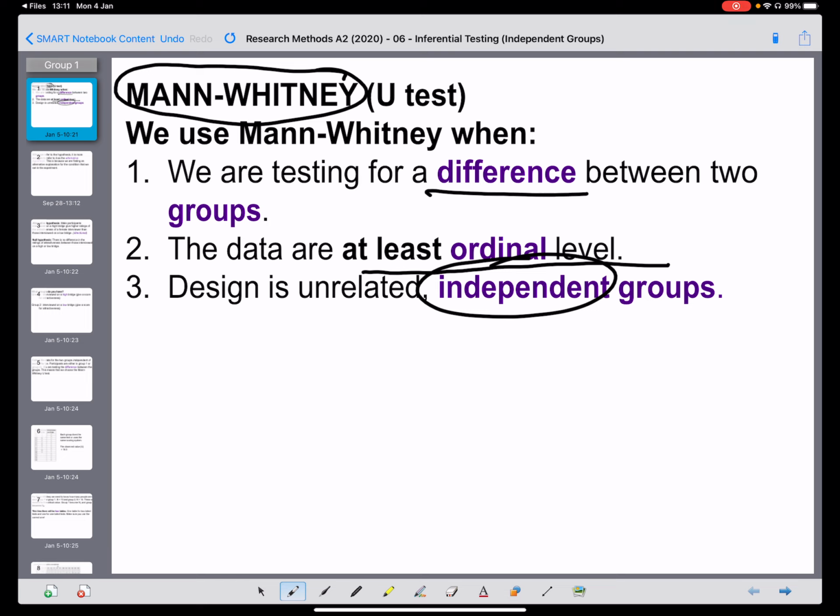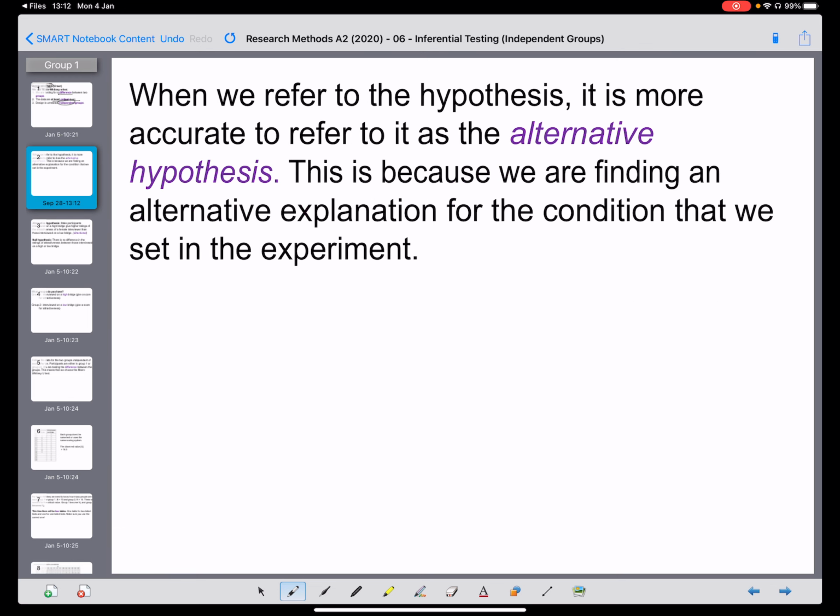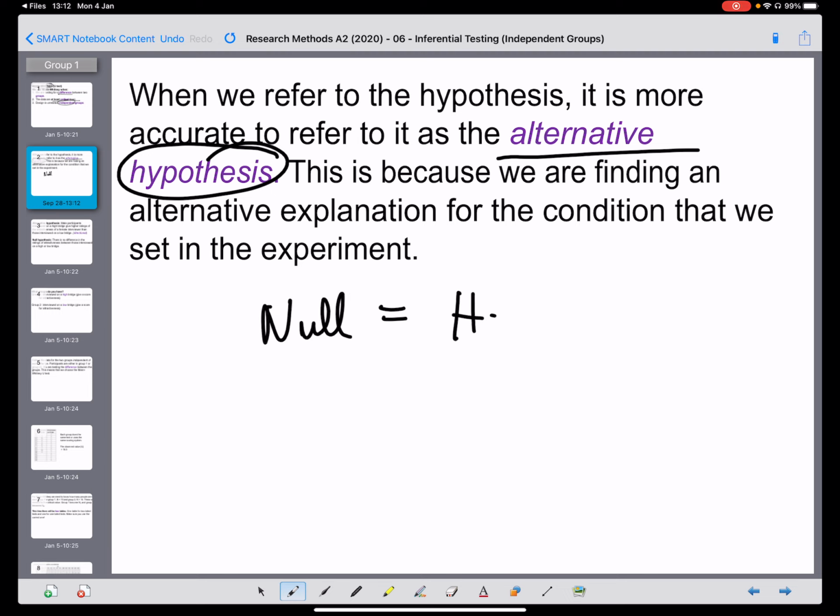So let's get into this, potentially looking at a hypothesis. But before we start talking about the hypothesis, I just need to remind you that the correct way to refer to hypothesis is actually an alternate hypothesis. I spoke to you previously about the null hypothesis being H0.